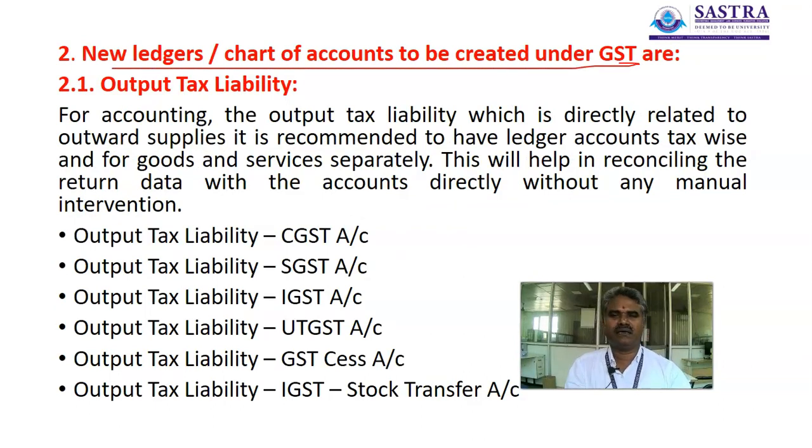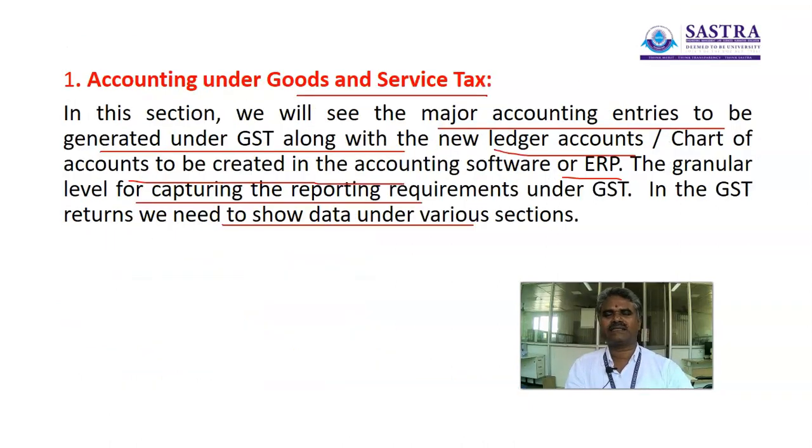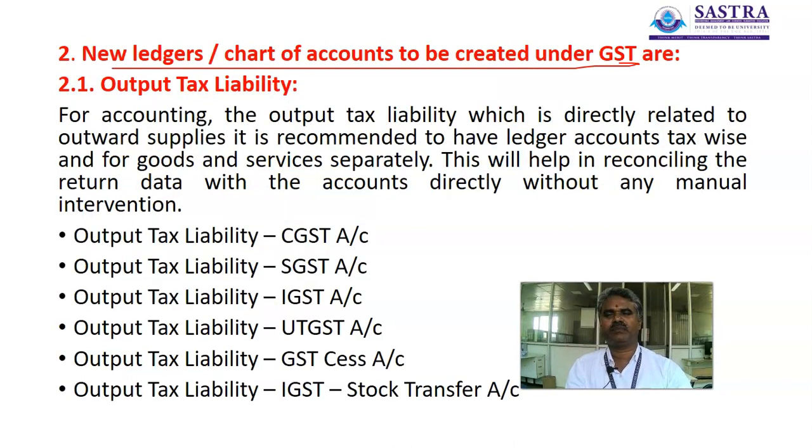The new ledger and chart of accounts to be created under GST start with output tax liability. This is very, very important. Output tax is nothing but tax on sale.